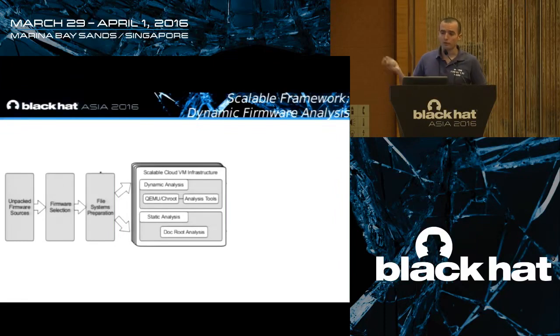And what we do in these processing nodes with the firmware, we do two things. The main thing is the dynamic analysis, and the additional thing is the static analysis. And I'll explain a little bit later why we do it as an additional thing. What is dynamic analysis?